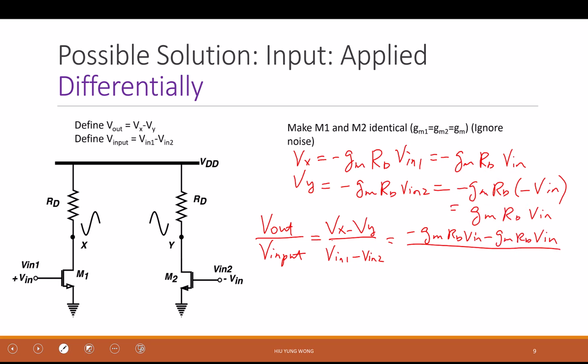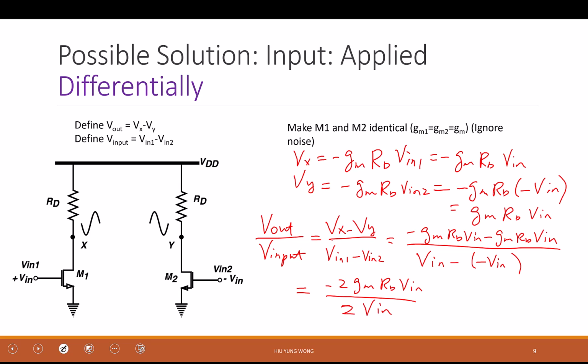Agree? How about V in 1 minus V in 2? V in minus negative V in. Be very careful by definition. So this is equal to negative 2 Gm Rd V in divided by 2 V in.